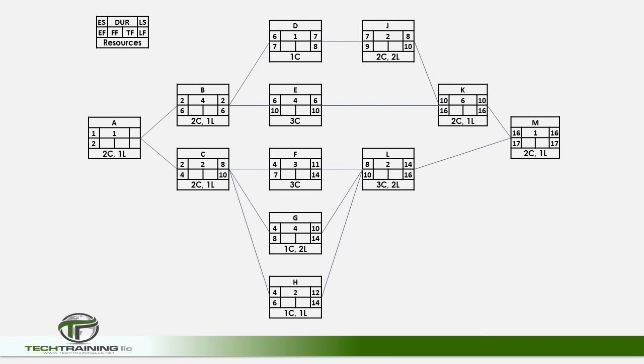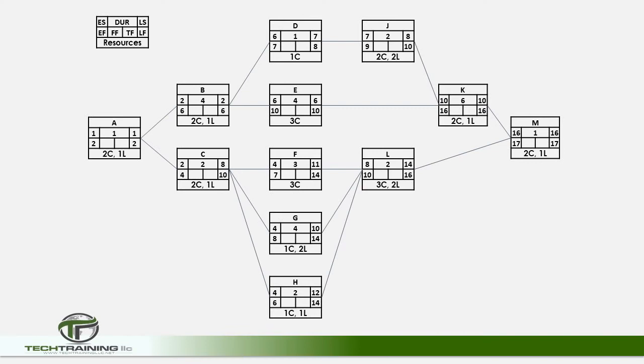But here we use the smallest late start. Therefore, the late finish of activity B will be 6, which is coming from activity E, and the late finish on activity C is 10, coming from activity G. And we can now complete the backward pass by bringing back the late start of activity B to become the late finish of activity A, and this completes the backward pass.